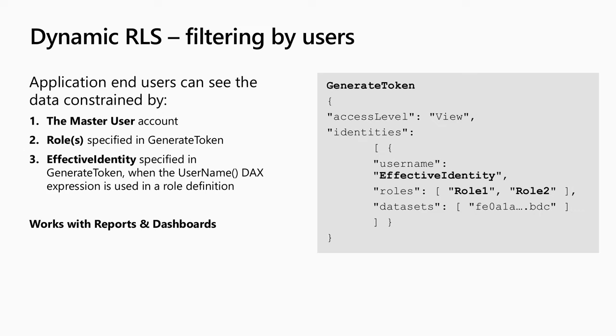So how does dynamic RLS work? Like I said, the username function usually is used to transfer that UPN or some identifier for the user to Analysis Services or for the underlying data in Power BI or its related data sources. We use the same one in our embed token to leverage that function.